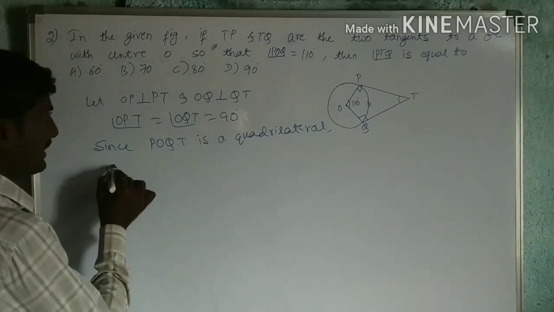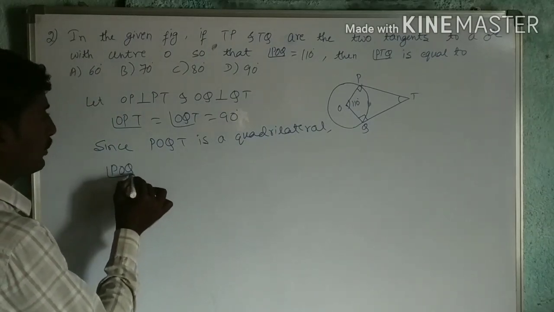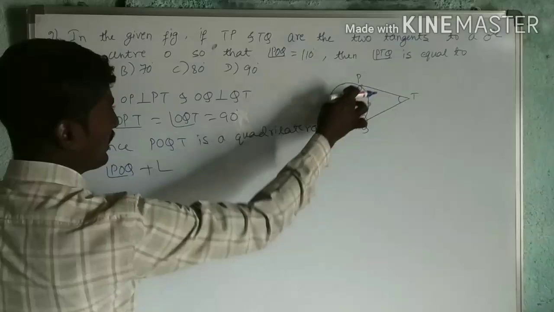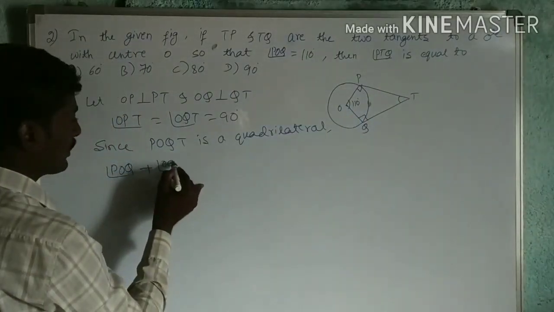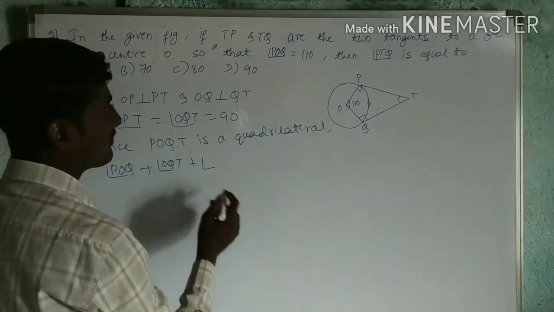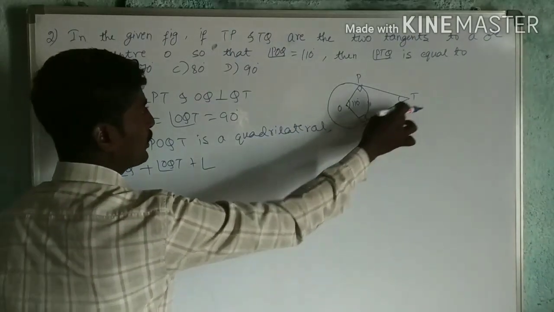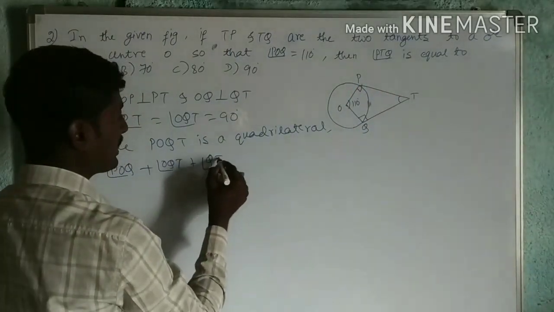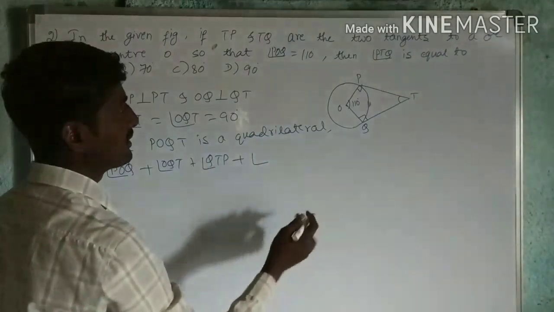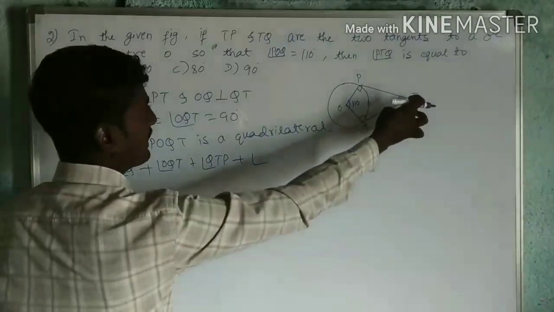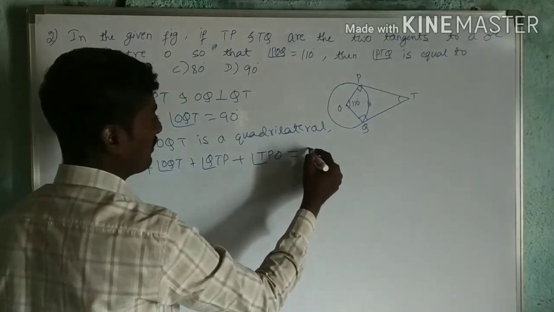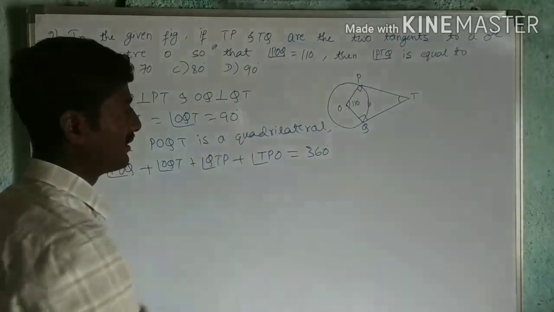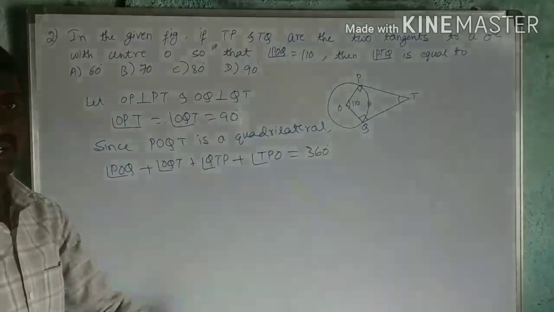That is, angle POQ plus angle OQT plus angle QTP plus angle TPO is equal to 360 degrees, since it is a quadrilateral.